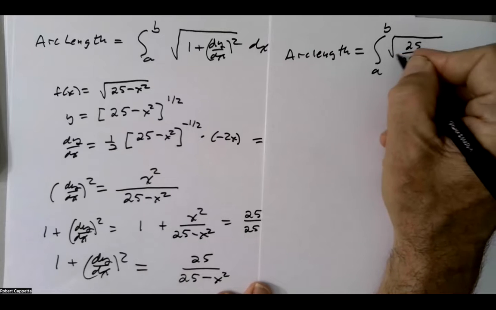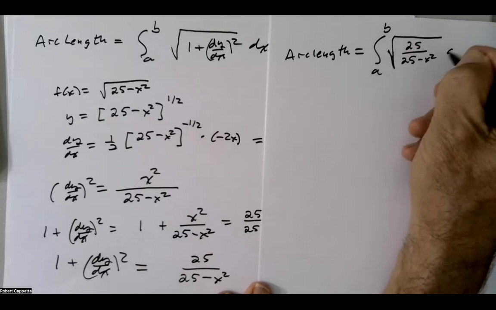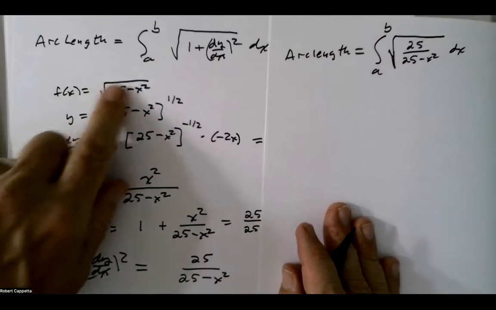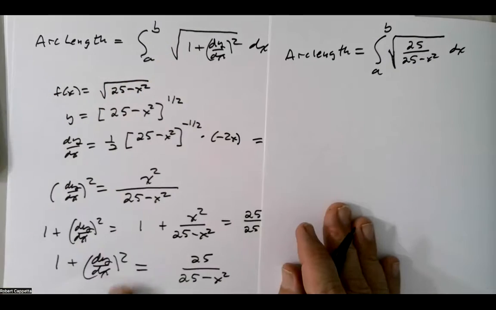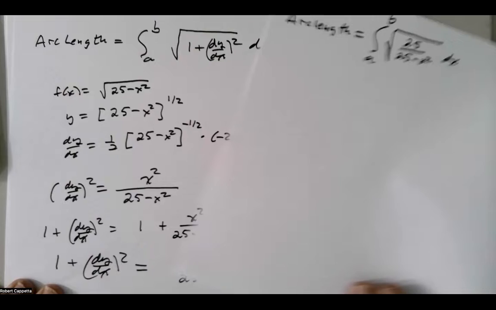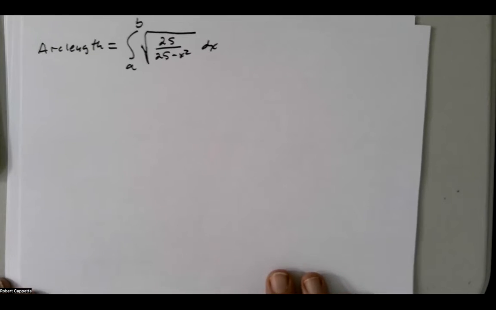Make sure we know this radical goes all the way down to the bottom. So this is our current arc length portion.